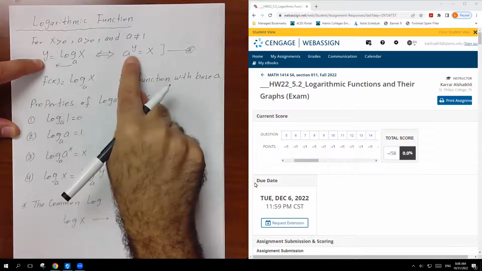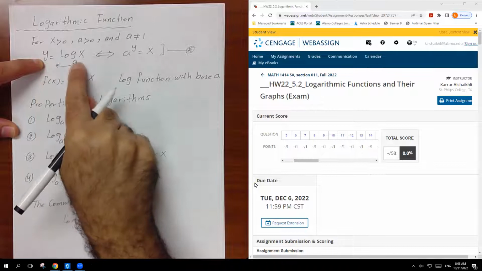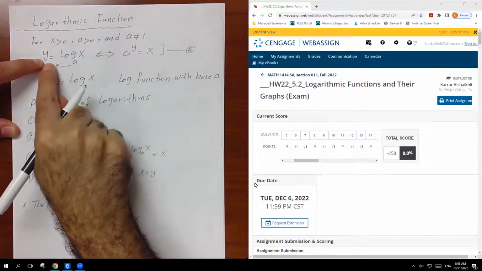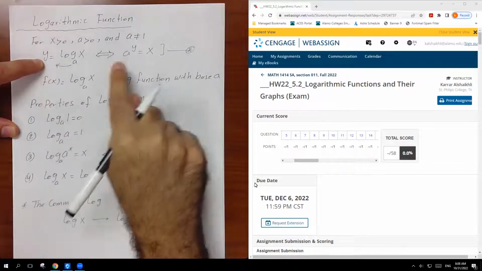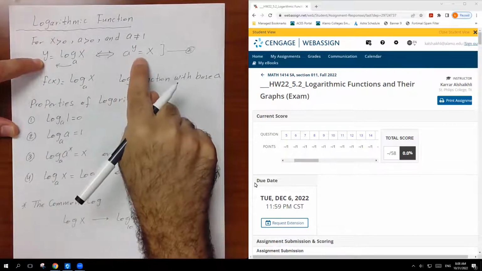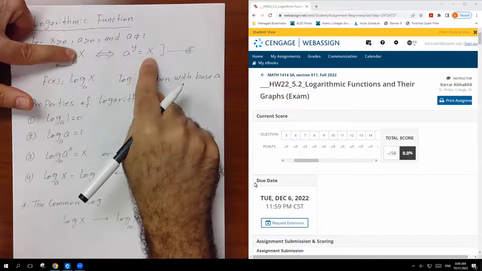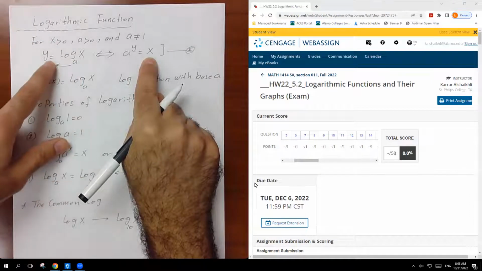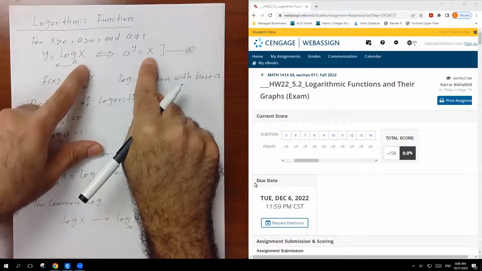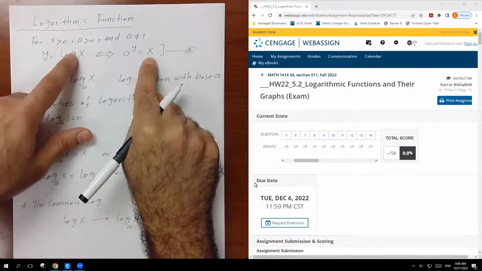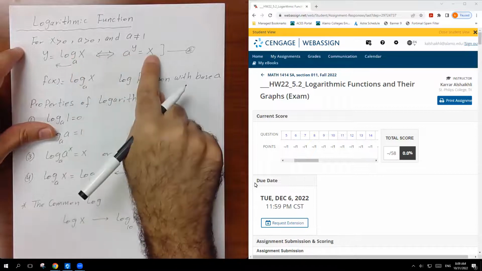So you see, that means y is an exponent. We're going to move the base from the log to be a base for the other side, which is the y. So a to the y, and the left side is going to be x, because when I move the base, I'm going to cancel the log.